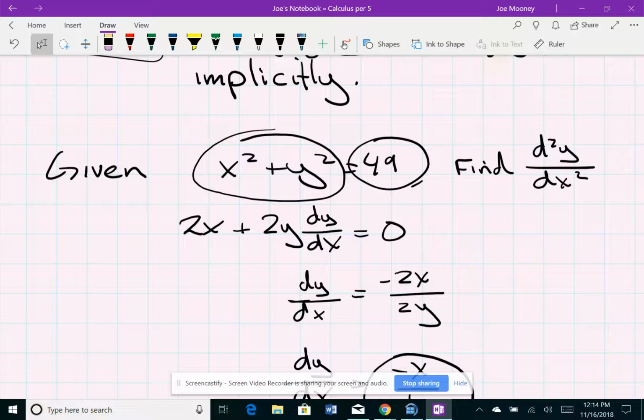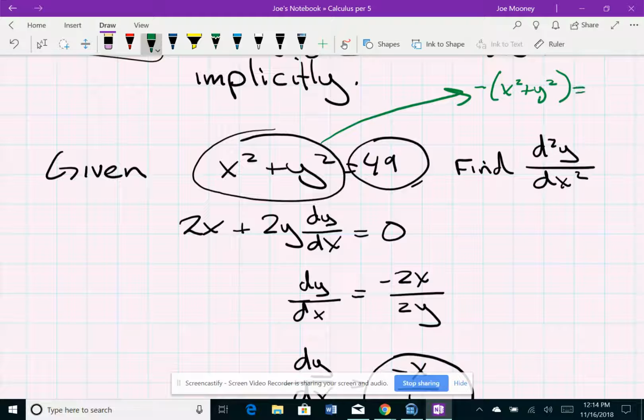So let me do something over here with this green and maybe you can see it. x squared plus y squared is 49 is the same thing as saying negative x squared minus y squared is equal to negative 49. Look at this.